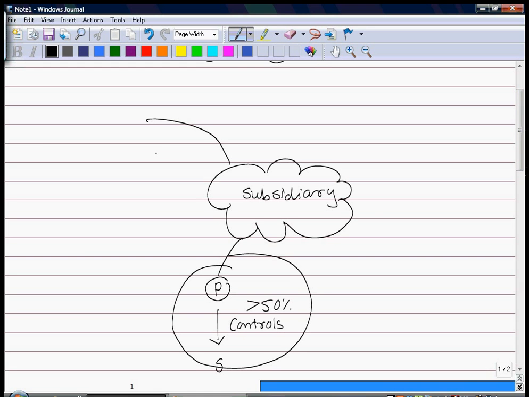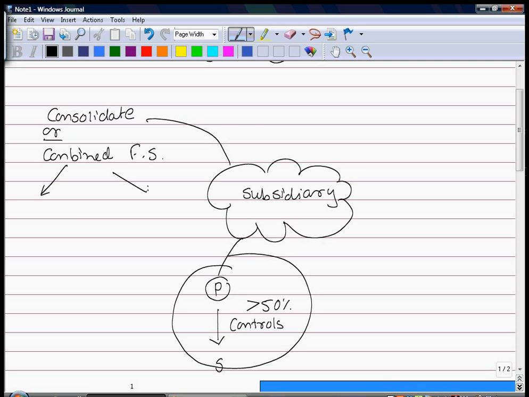Second point is, because they are considered to be a single entity, they will prepare something called consolidated or combined financial statements, FS.